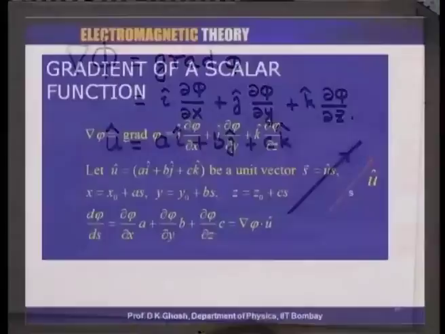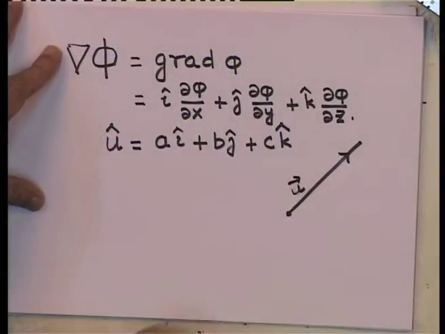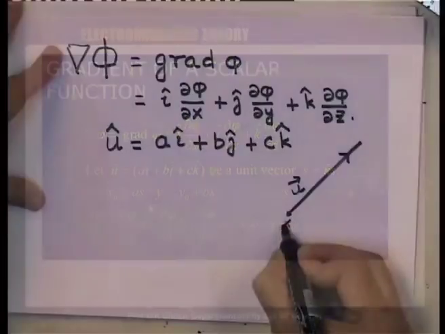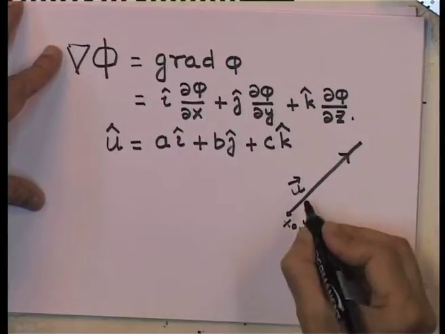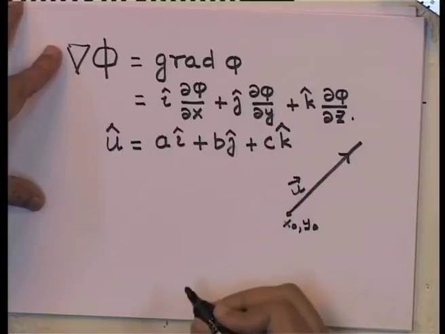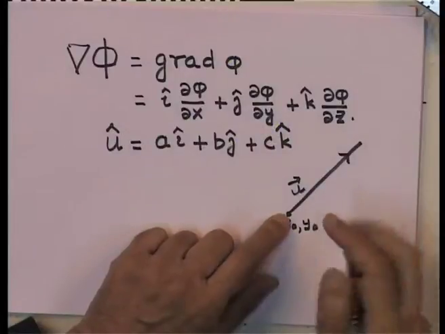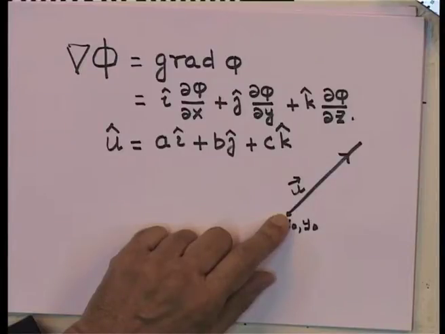Now, we are at this point, and this is the direction of the unit vector as shown here. This tells me that if I am at the point x0, y0, and I want to go to a point, let us say x, y, then my x is equal to x0 plus a s, where s is the total length by which I am moving in this direction, y equal to y0 plus b s, z equal to z0 plus c s.